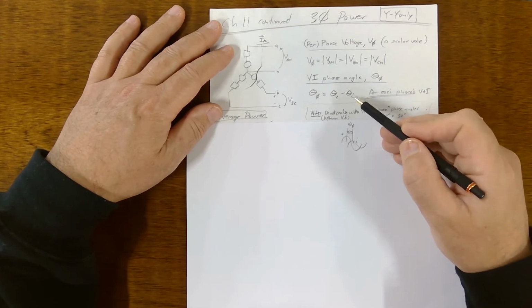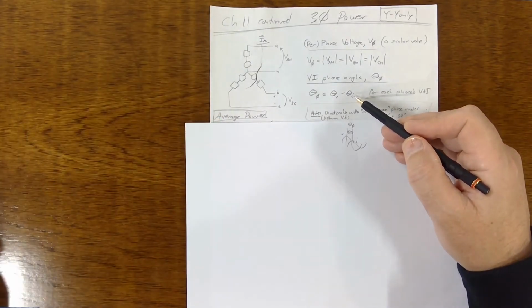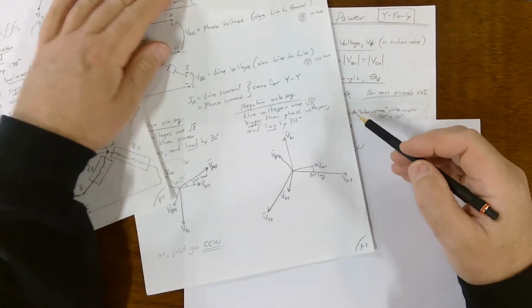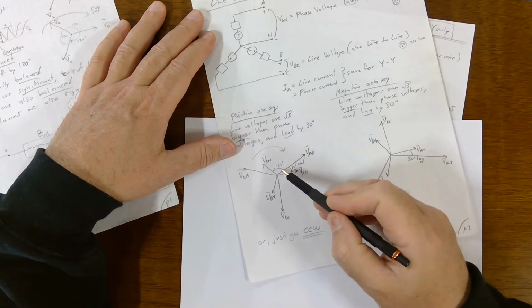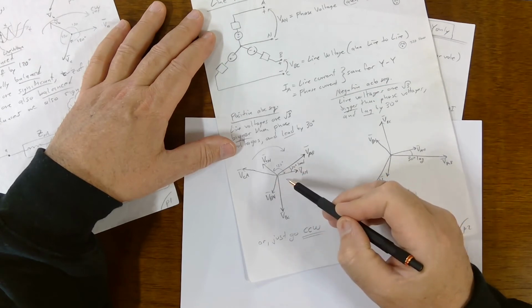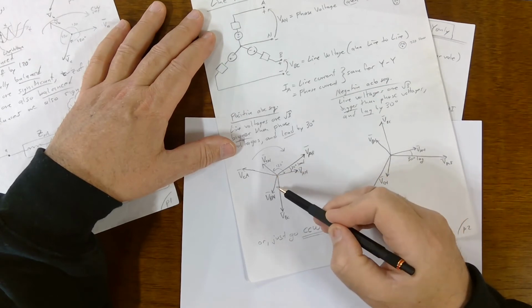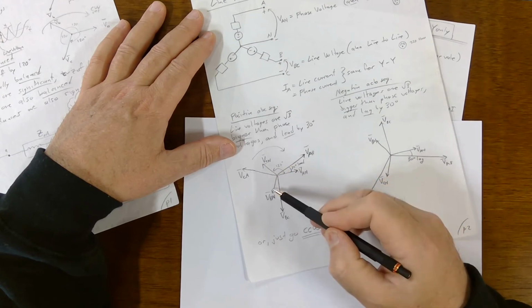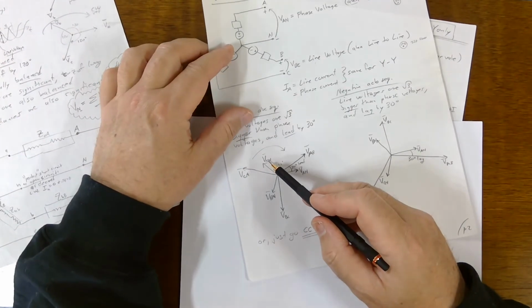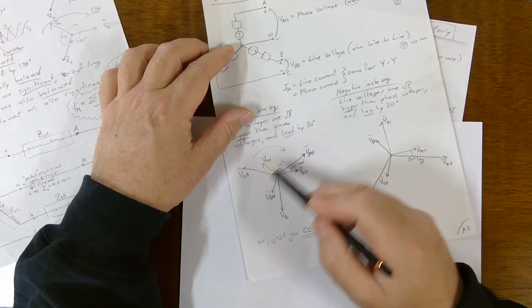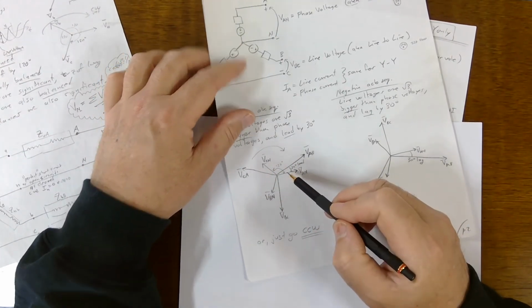Don't get confused between the voltage phase angles, which have this 120, 120, 120, and 30, 30, 30 relationship. That's just the relationship between voltages, just voltages.